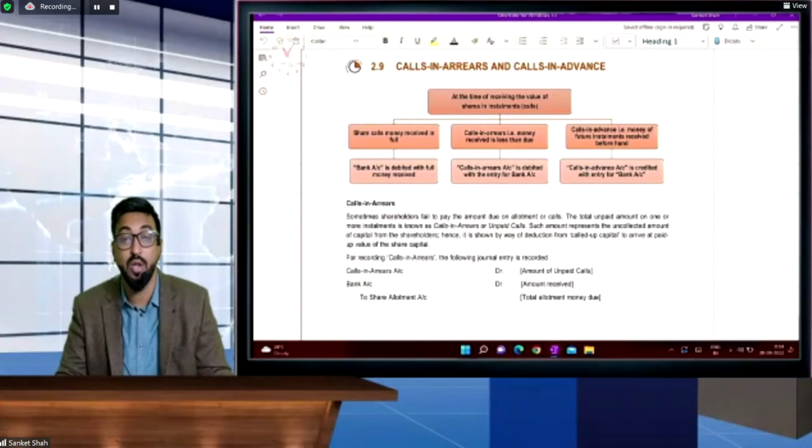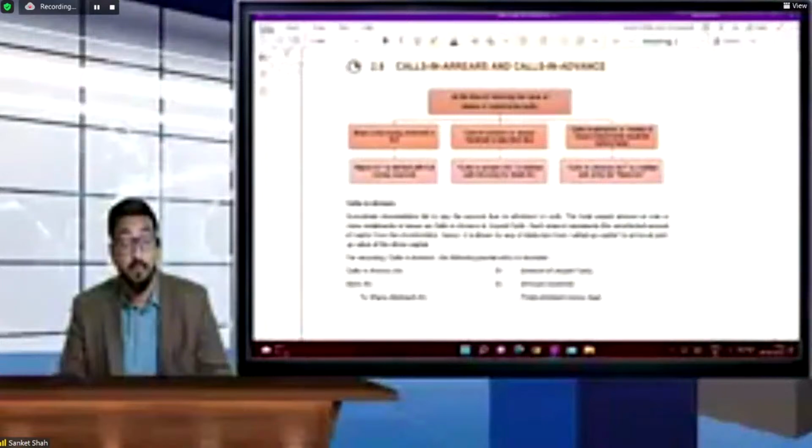After that, we saw the balance sheet pro forma, Schedule 3, Part 1. As you are aware, equity and liabilities: share capital, reserves and surplus, money received against share warrants, share application money pending allotment; non-current liabilities: long-term borrowings, deferred tax liability, other long-term liabilities, long-term provisions; current liabilities: short-term borrowings, trade payables, other current liabilities, short-term provisions.